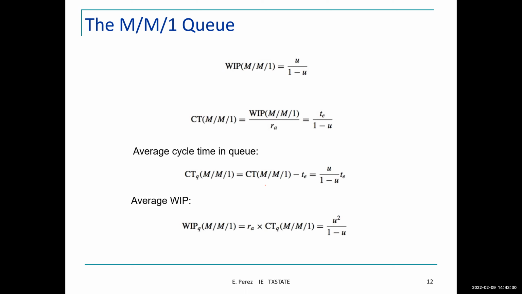If you solve that equation, you'll find that this is equal to TE divided by 1 minus U. Average cycle time in queue, CTQ, is going to be equal to CT for MM1 minus TE, which if you solve for that, you will get U divided by 1 minus U times TE. And then the average WIP in queue, WIPQ, equals RA times CTQ, which is going to be equal to U squared divided by 1 minus U.